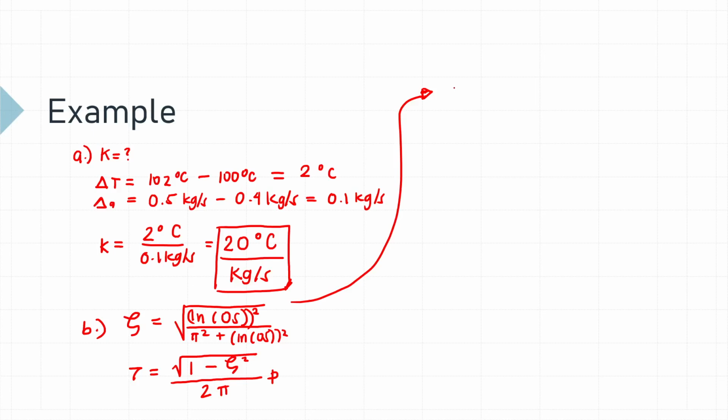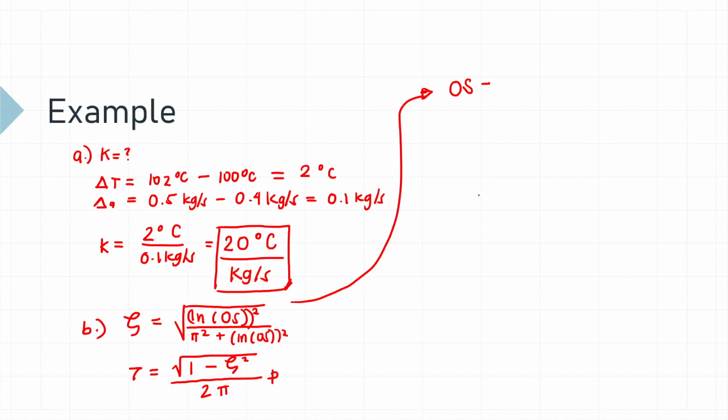So to solve for zeta, we're gonna have to consider our overshoot first. Our overshoot is essentially just the ratio of the peak. Remember the second peak, not the first peak.